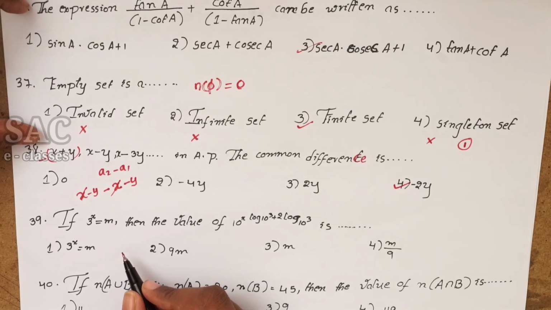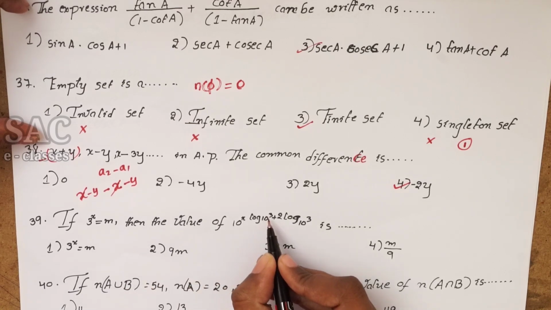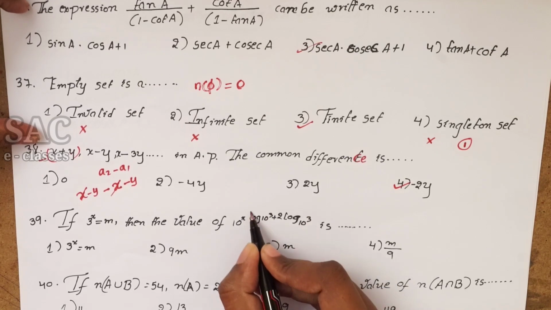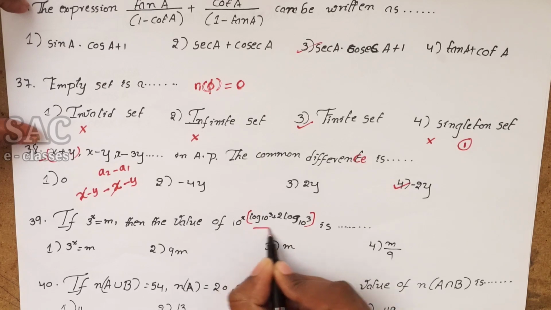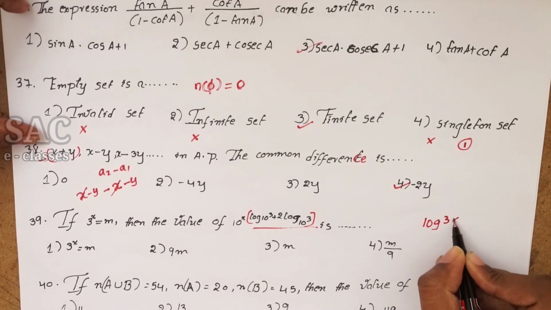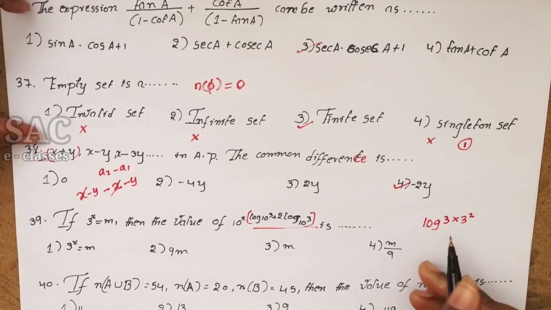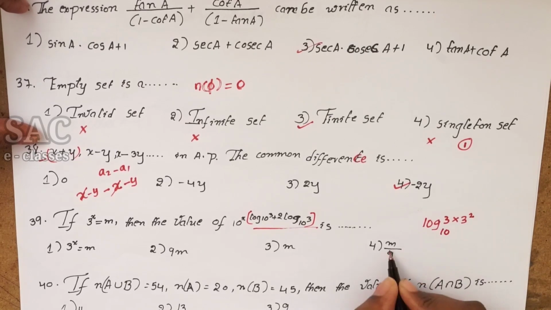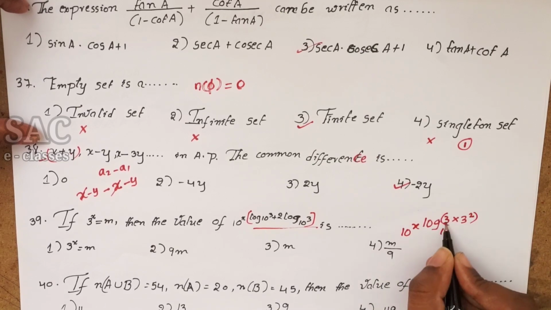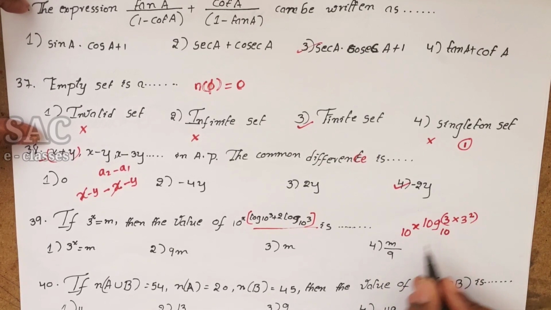39th problem: 3 power x equal to m, then the value of 10 power x into log 3 base 10 plus 2 into log 3 base 10. First of all, let me simplify this particular thing, that is log 3 into 3 square to the base 10, and 10 to the power of x. We know it is log 27.